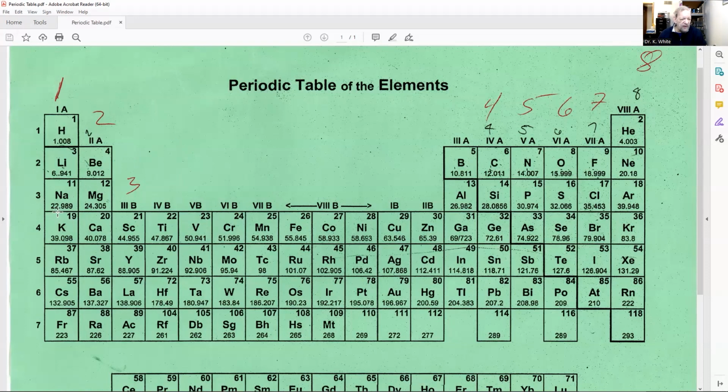So sodium is 22.989. The 3 significant figures, that's 23.0. Chlorine is 35.453. It's over there. Can you see it? And the 3 significant figures, that's 35.5.